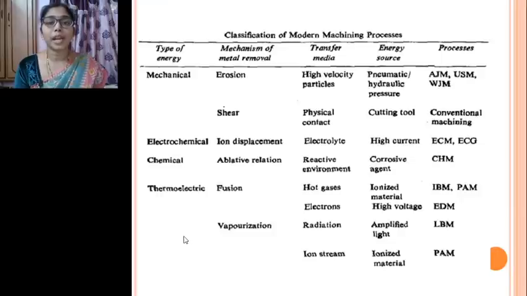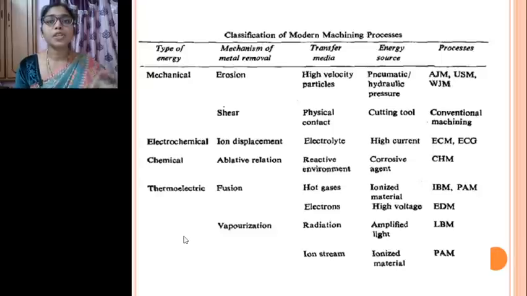The MRR, material removal rate, will be higher in the case of conventional material removal process. Whereas in an unconventional material removal process, the material removal rate will be lower.